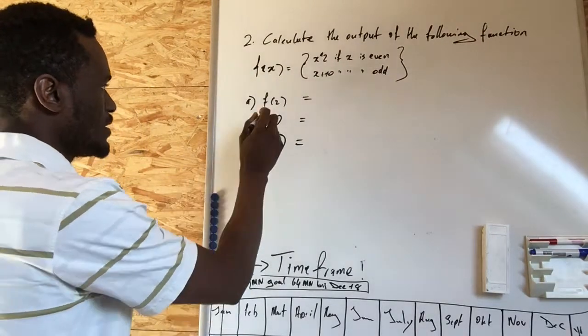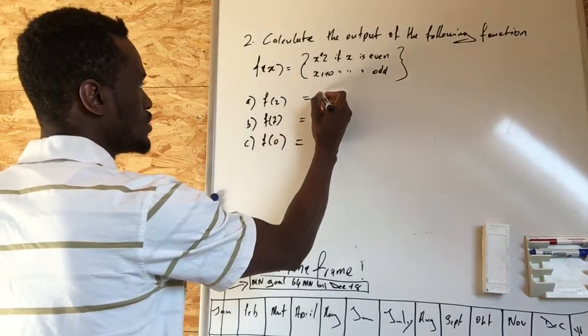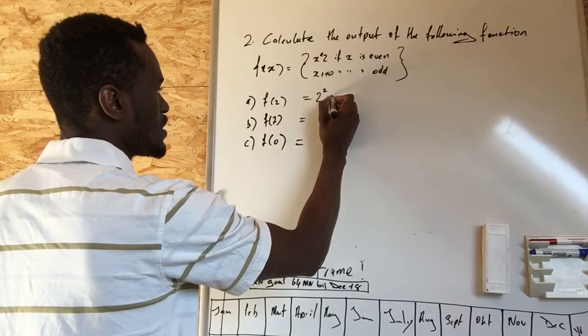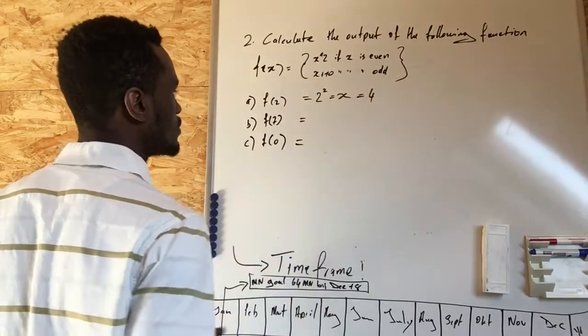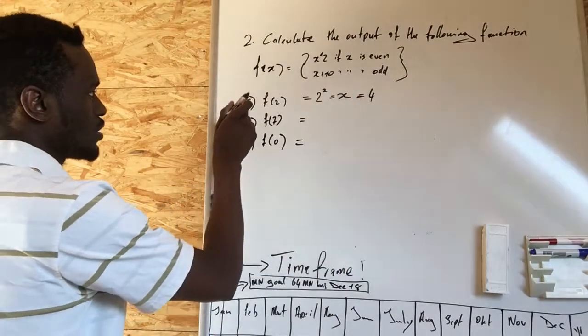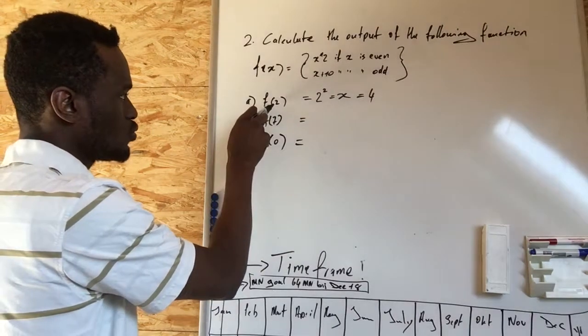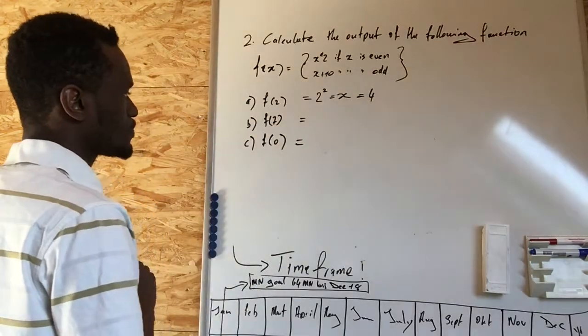So here x is 2, so we're gonna do 2 to the second, which is equal to 4. So the correct answer for A, if x is 2, is going to be 4.